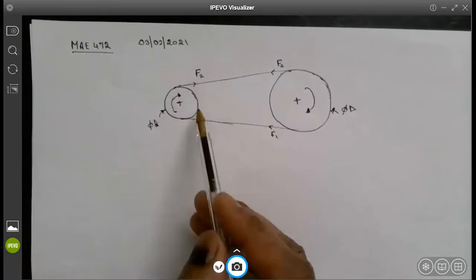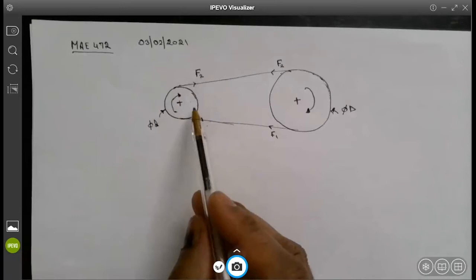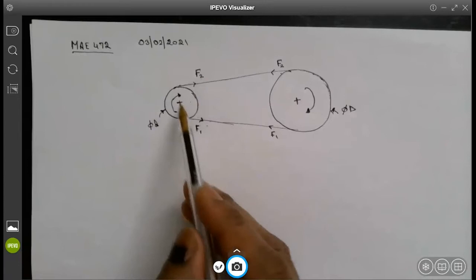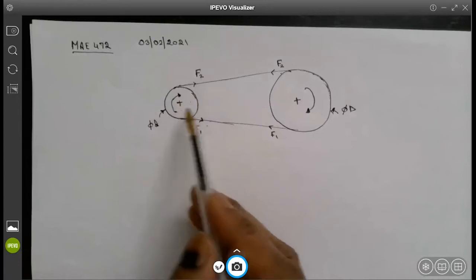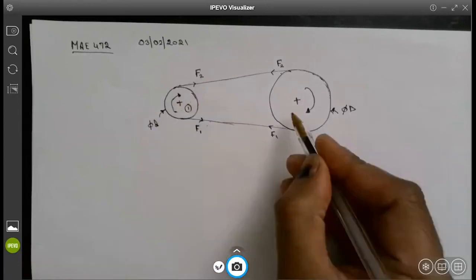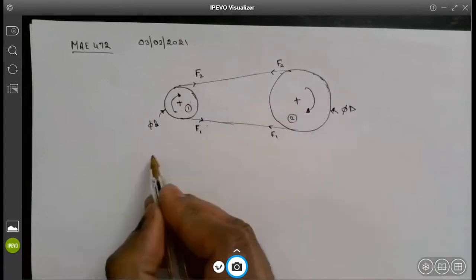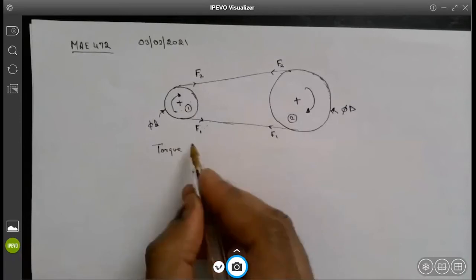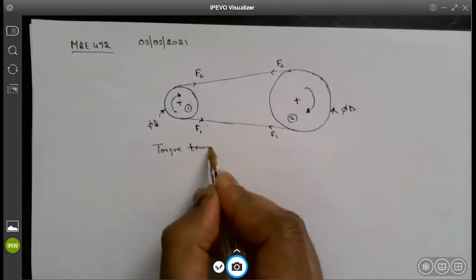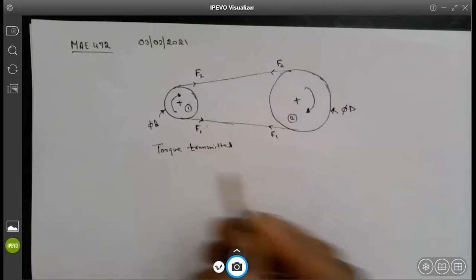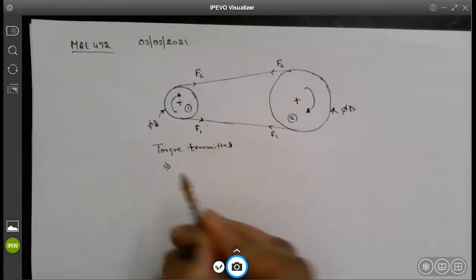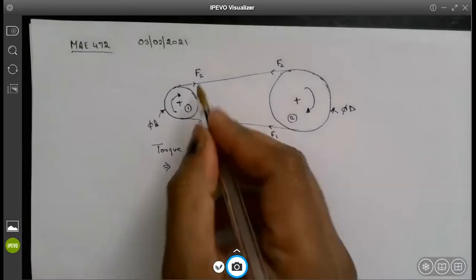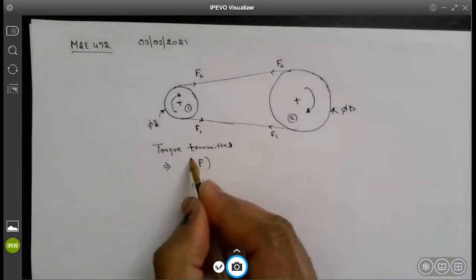And because of these two different tensions, there is an amount of torque that can be transmitted from one side to another. For example, if you have to find the torque being transmitted from this pulley to that pulley, let's say this is number 1 and this is number 2, it will be given by the difference in the tensions on the two sides, delta F, times the radius, which is d over 2.